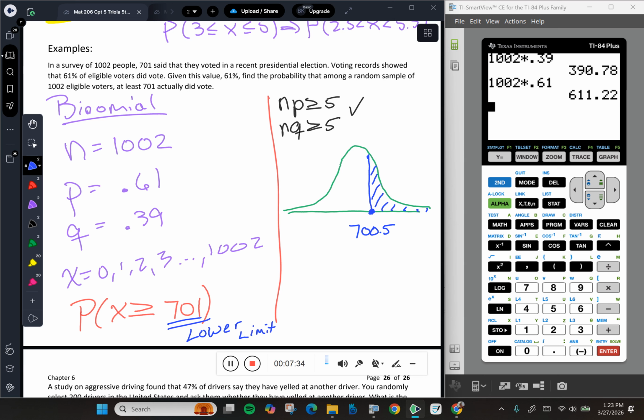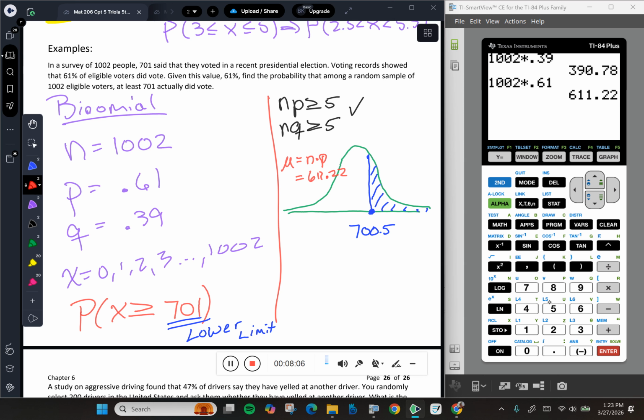But in order to do a normal probability calculation, I need to have a mean and a standard deviation. Well, the good thing is when you convert a binomial to a normal, the mean is just n times p, which we've already got. It's sitting over there on the calculator at 611.22.